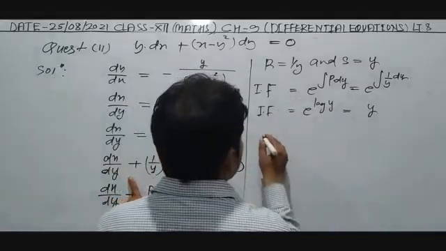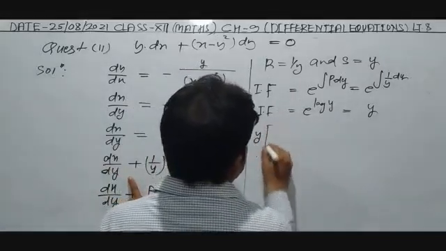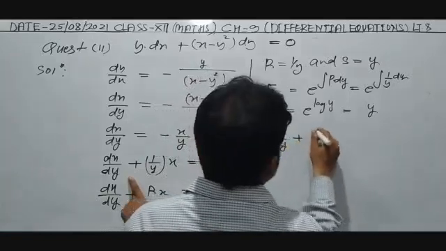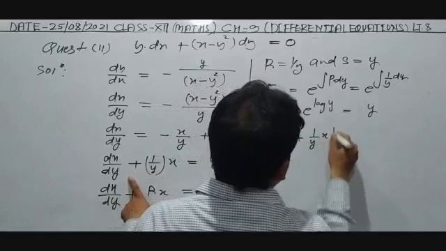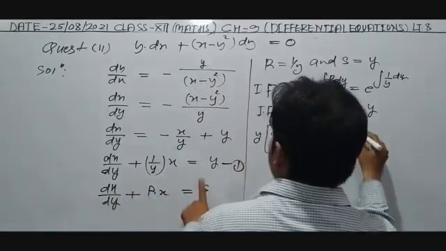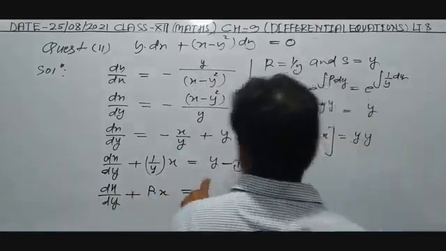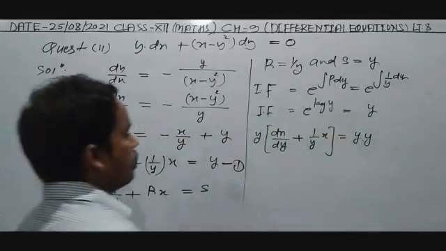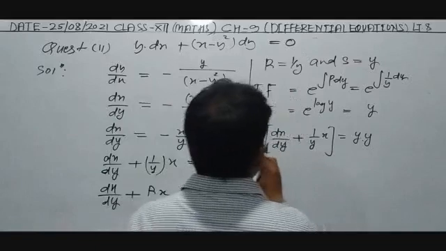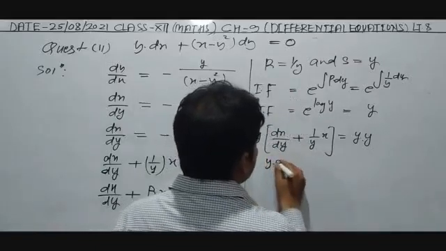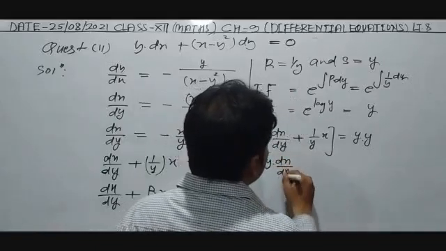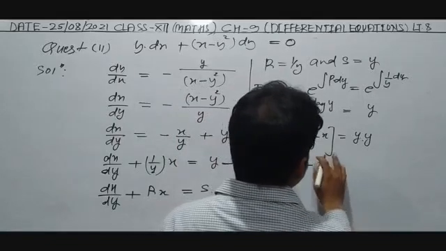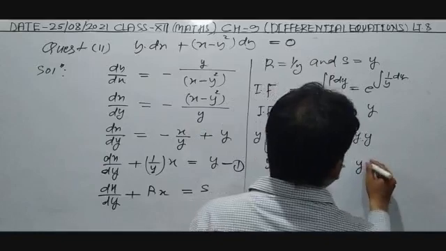So multiplying, y times dx upon dy plus 1 upon y times x is equal to y times y. Now you will see, when you multiply, y times dx upon dy plus x is equal to y square.